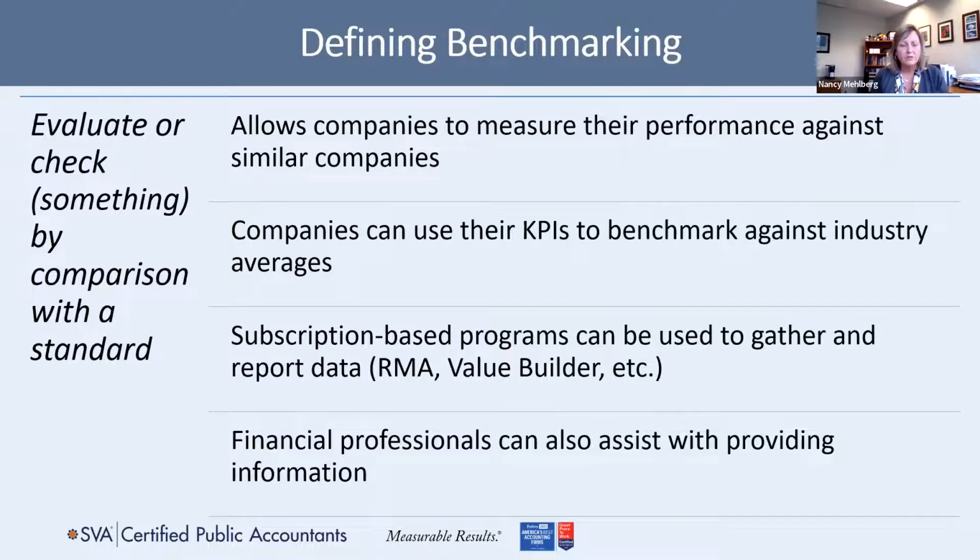We use a program called RMA. We use something called the Value Builder that has all those benchmarks. And you can also ask any financial professional, because they would be able to provide those for your specific industry. So two different things, but it's important to understand both of them.